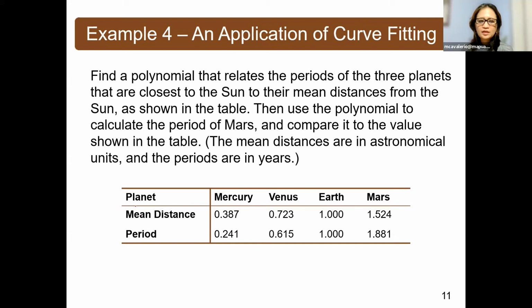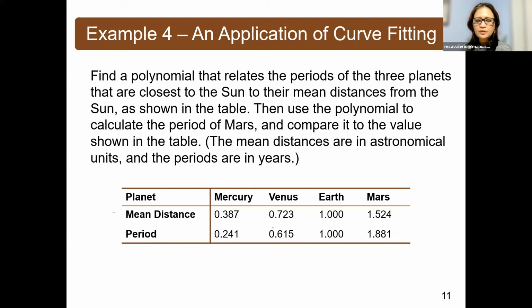Let's say the mean distance will act as our independent variable, and period will be our dependent variable, and we will have several ordered pairs. That means when the mean distance is 0.387, the period is 0.241, referring to the planet Mercury.